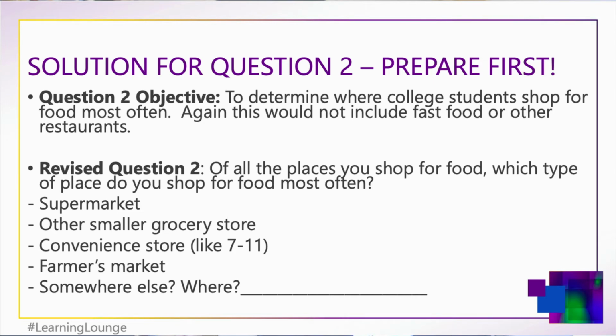So perhaps we could frame this as, of all the places you shop for food, which type of place do you shop for food most often? And we have a list. We have supermarkets, grocery stores, convenience stores, farmers markets, or somewhere else. And that way, if they shop somewhere else, let's say a food co-op, you can note that.